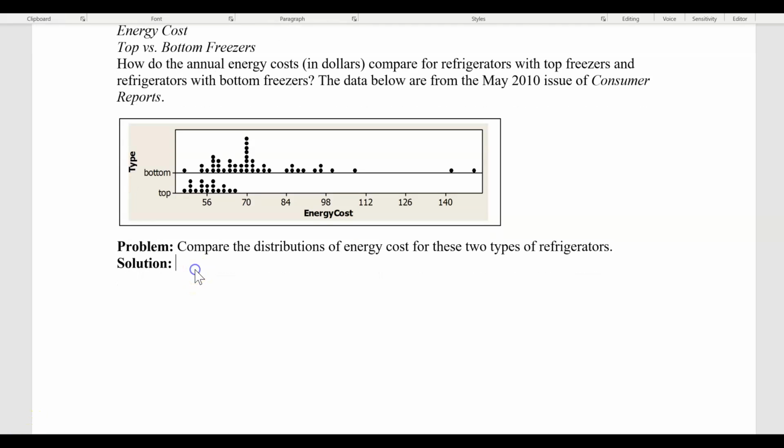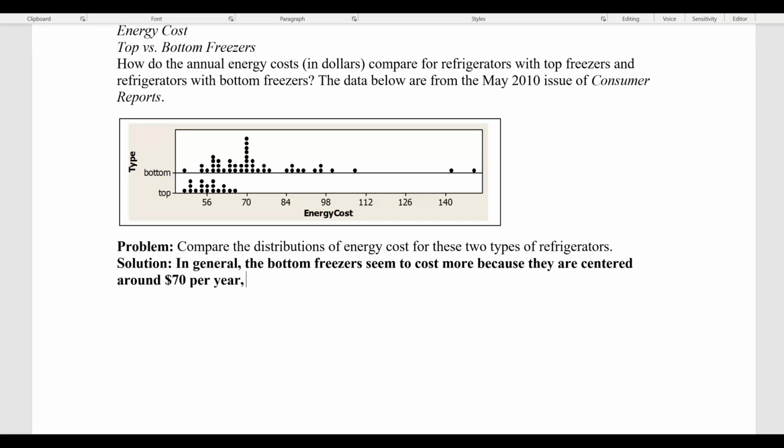So let's start with center. That's the easiest one. It seems that in general, the bottom freezers seem to cost more because they are centered around, looks like, $70 per year, while the top freezers are centered around, looks like, $56 maybe.